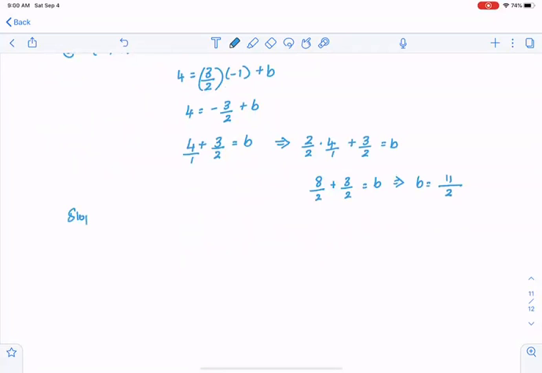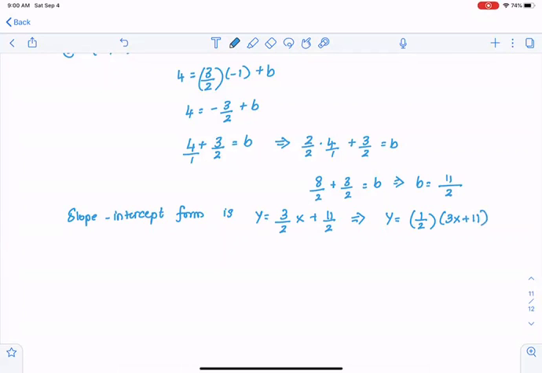So the slope-intercept form is y equal to 3 over 2x plus 11 over 2. A 1/2 is in common, so I can pull that 1/2 out and write it as 1/2 multiplied by 3x plus 11. Either answer would work, but the second one is a bit nifty in terms of writing.